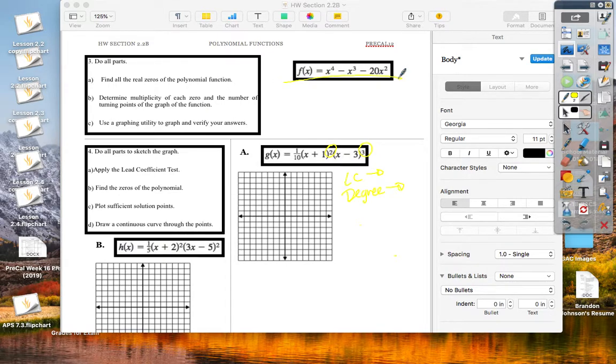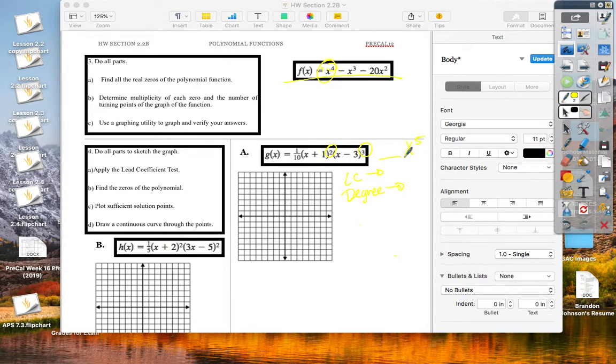The top one is in standard form, so it's easier to find the lead coefficient of that one because it'd be positive, even. But here it's a little tougher because you have to think, if I'd multiplied this out, what would be the highest degree? We know the highest degree would be 5, because it would be 2 of them and 3 of them, making it x to the 5th.